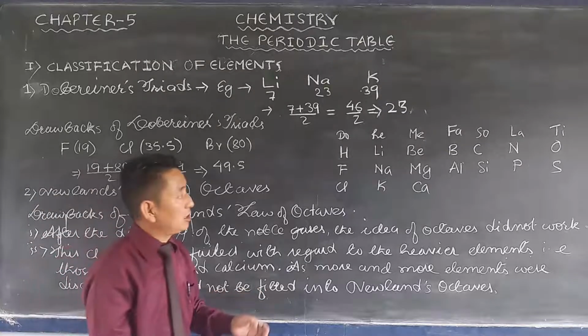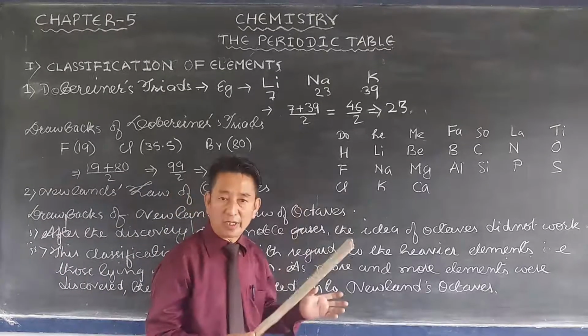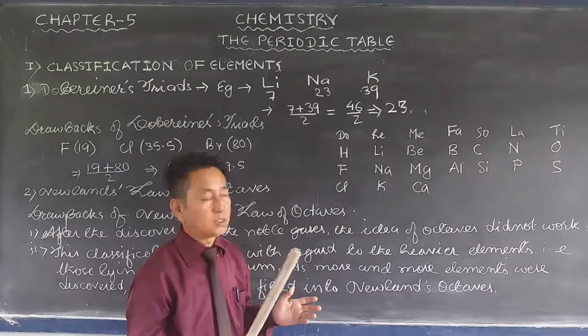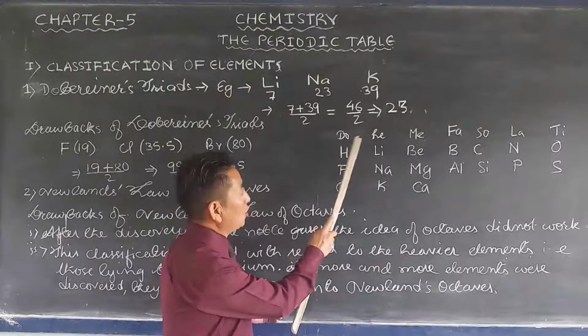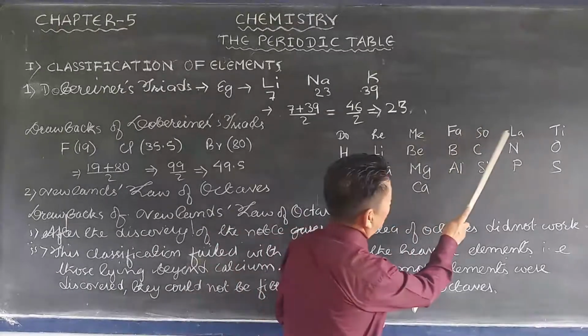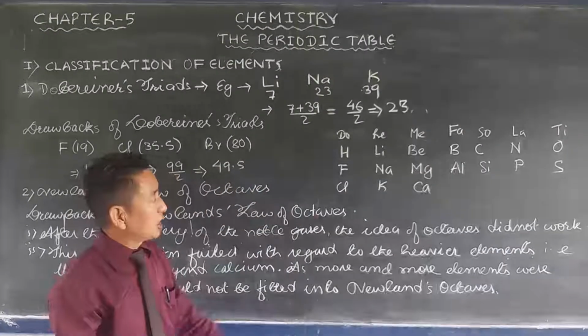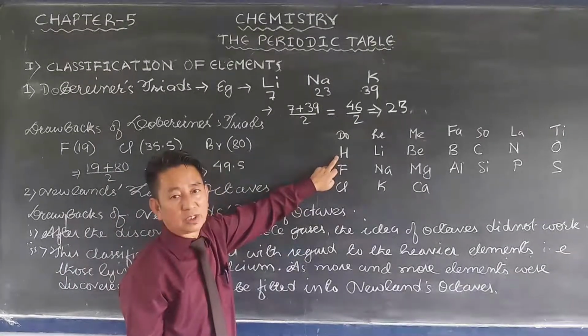As I already explained, John Newlands was a lover of music. Here, do, re, mi, fa, sol, la, ti, these are musical notes in Western music. See here, the first element is hydrogen.